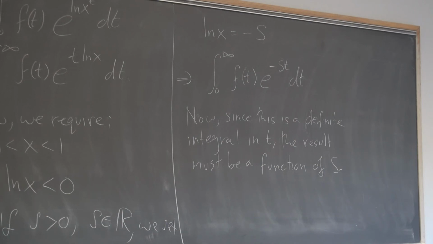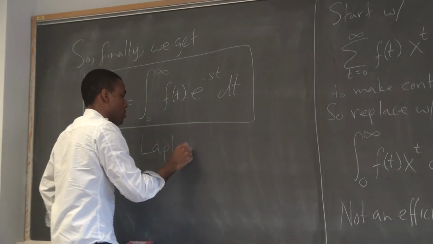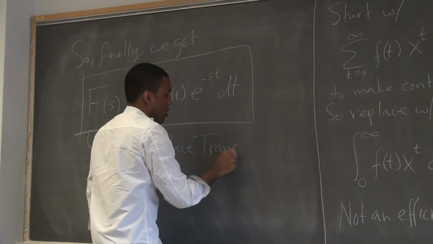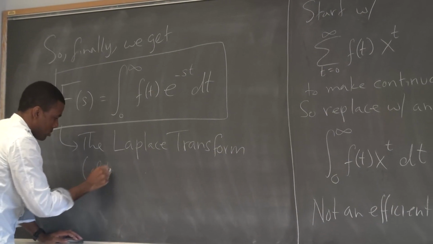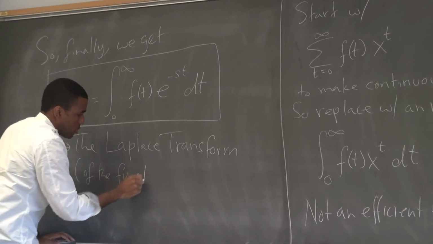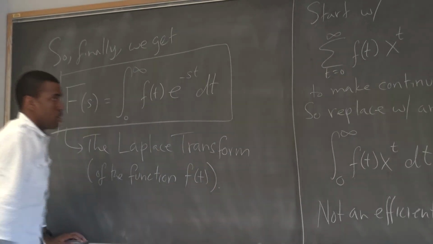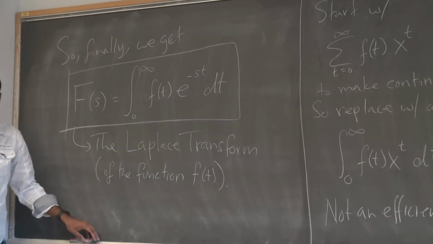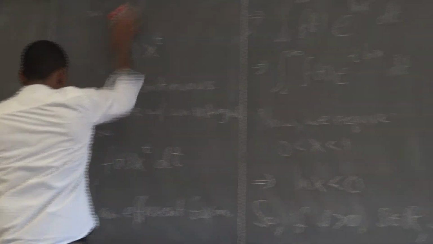And this, boys and girls, is called the Laplace Transform of the function f of t. Basically, here's what a power series would look like if it were continuous. It would be a Laplace transform.